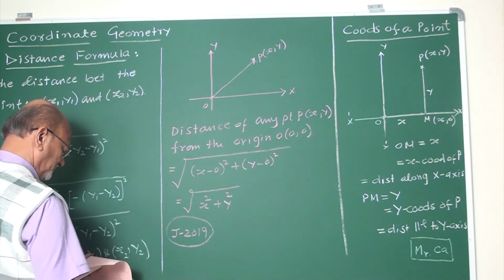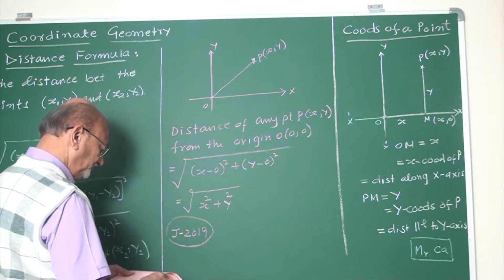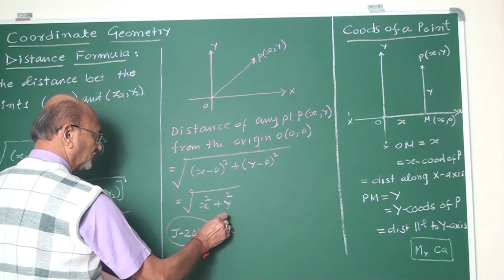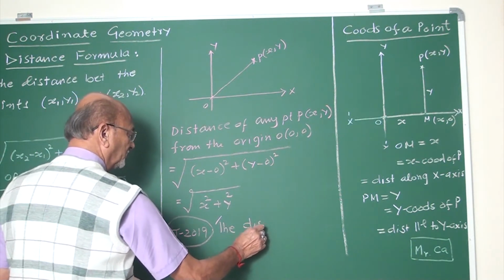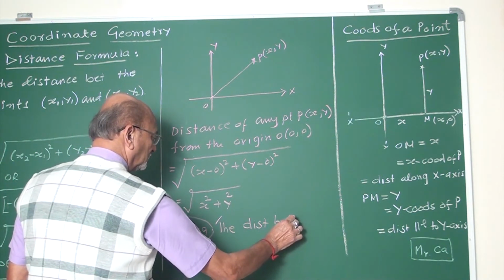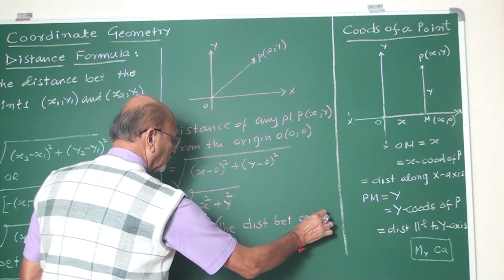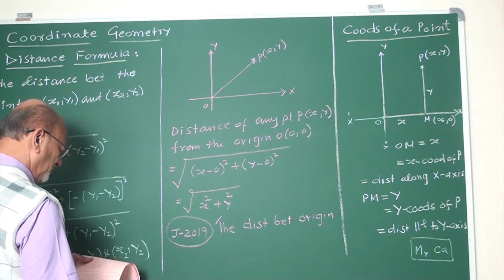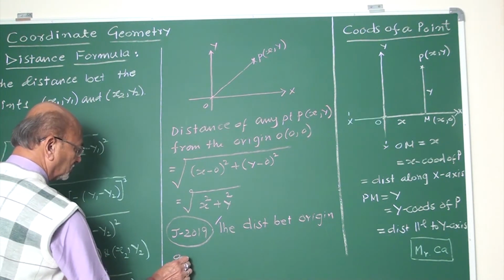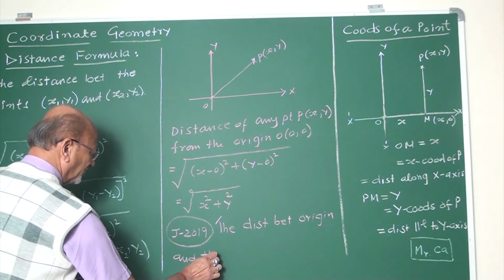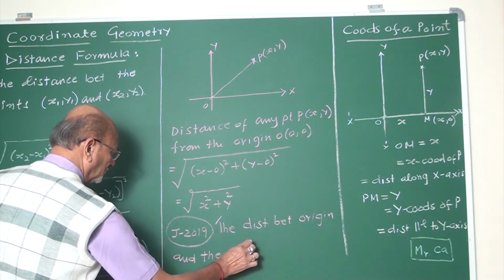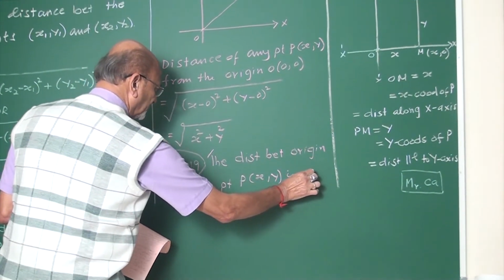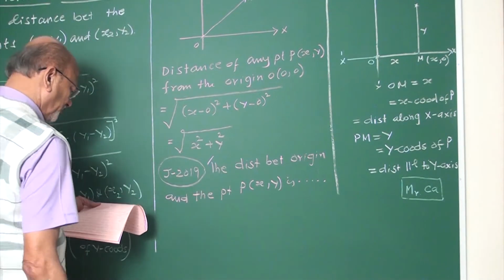The question appeared like this: the distance between the origin and the point P(x, y) is dash dash. It is an objective type question.